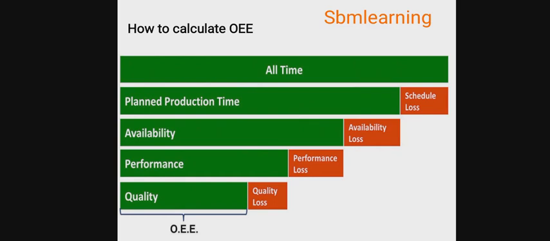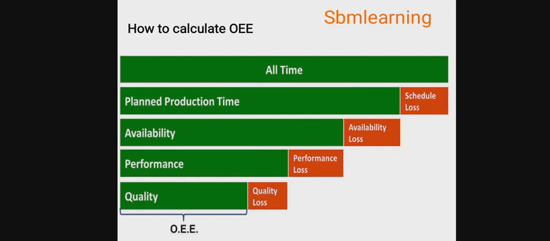So 1 unit, my validated speed, into total run time of 20. So how much should I get? 20. But how much did I get? 18, due to speed loss and minor stoppages. So once I got less, 18 divided by 20. Whatever percentage I get will be my performance rate percentage.